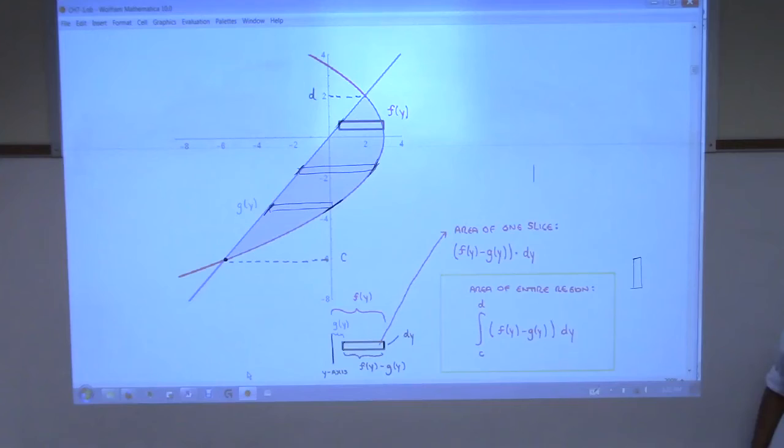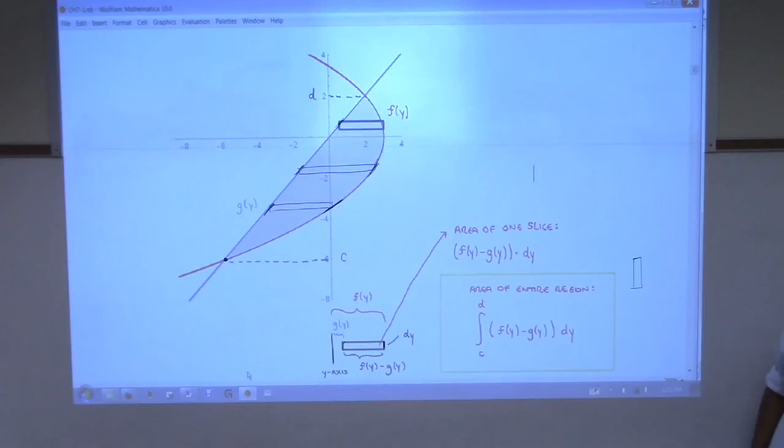The distance from the y-axis all the way to this edge is f of y. Because as I move this rectangle along, no matter where it is, what is the curve that's dictating this edge? It's the f of y curve, right?